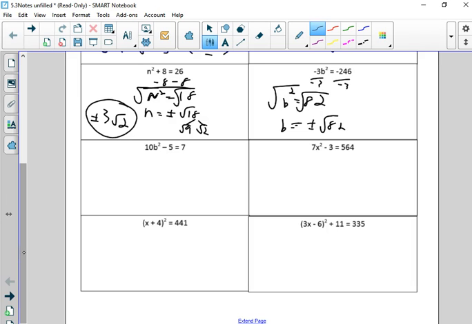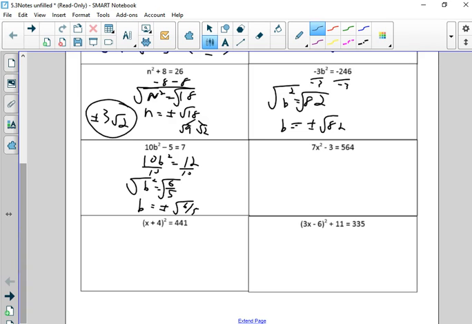Okay, this one we're going to add 5 to both sides. We're going to get 10 b squared equals 12. Then divide by 10. So b squared equals 12 over 10, which reduces to 6 over 5. Well, we're not there yet. We haven't square rooted. Now we put plus or minus square root of 6 over 5.